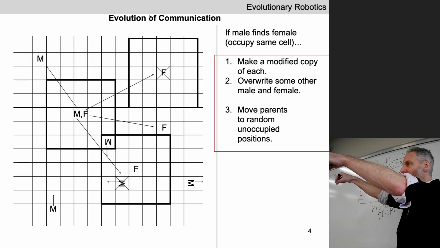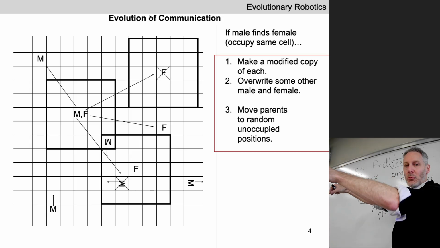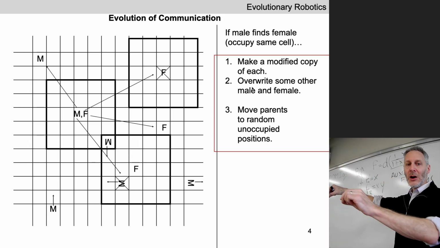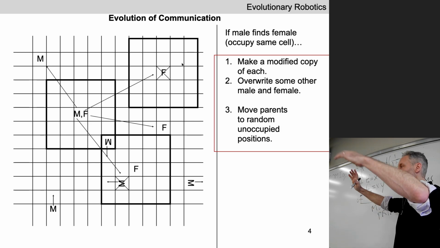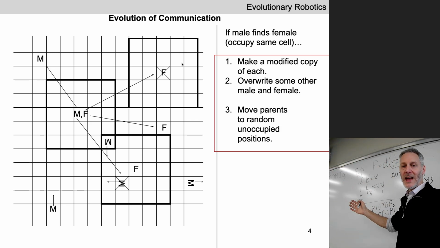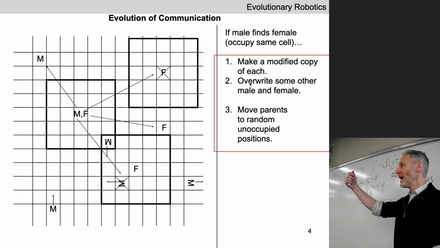Okay. We now have these 1 new male and 1 new female, the 2 offspring. We find some other male and some other female anywhere else on the toroid and overwrite them. The new male overwrites the existing male, and the new female offspring overwrites this random female.